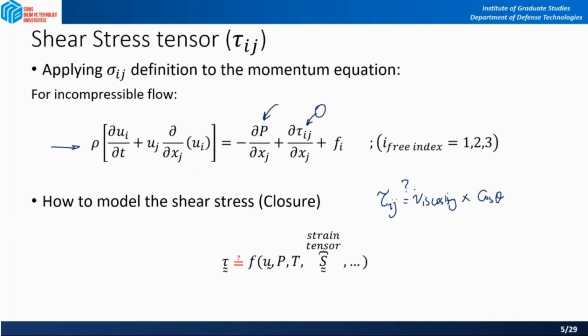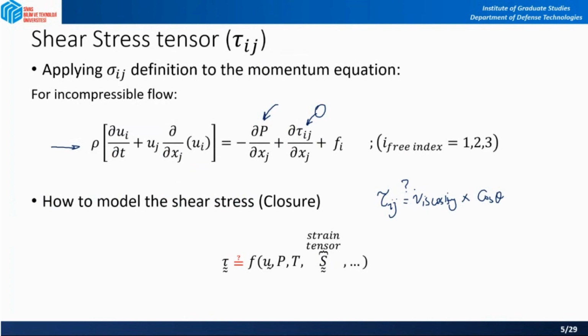People naturally have thought about it for many years, and we know that tau ij is a second order tensor, so it has properties relevant to second order tensors, and we need what we call a closure.